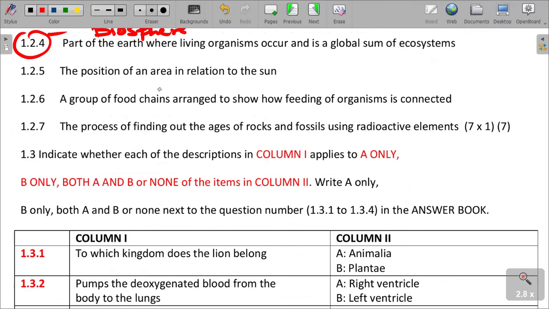And then the position of an area in relation to the sun is called aspect. The orientation of the land in relation to the sun is called aspect. Sometimes they will tell you orientation. It identifies the direction to which the slope is facing.